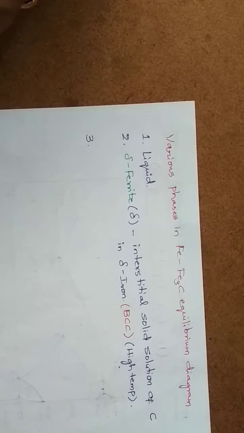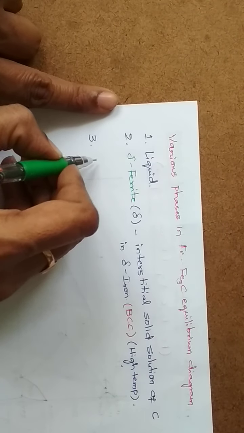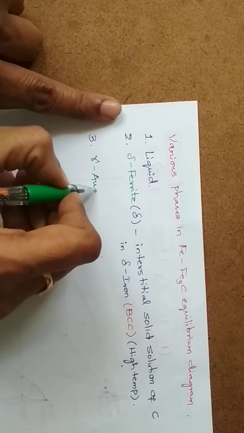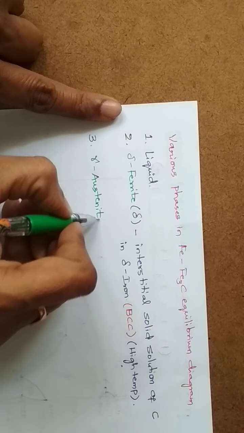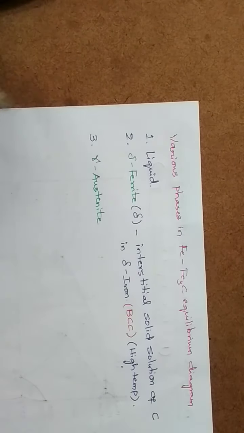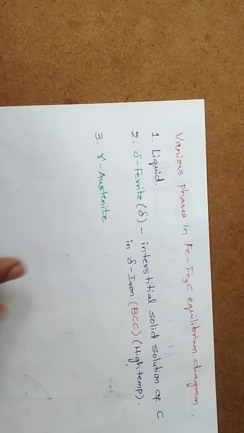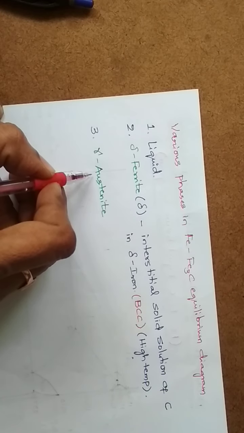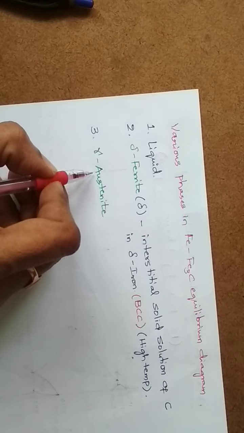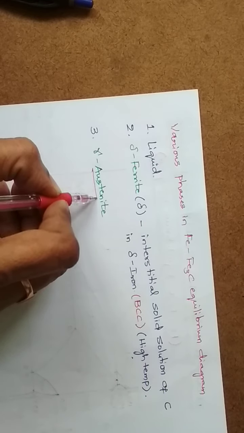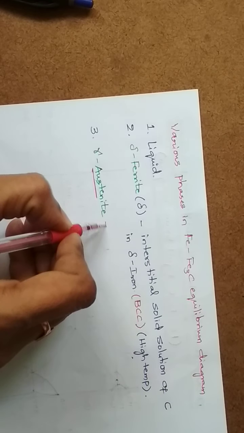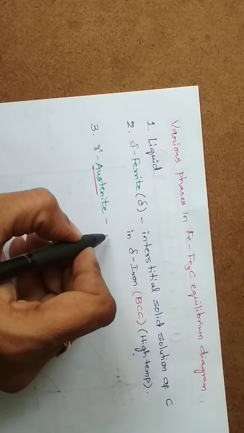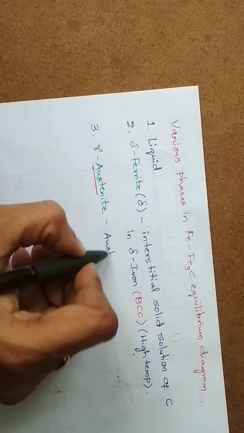Then the third one is your gamma. So gamma, this is known as austenite. So this phase is actually called gamma iron, and this is called austenite. Okay, so the reason is this phase is named after Austen. You can see the name Austen.